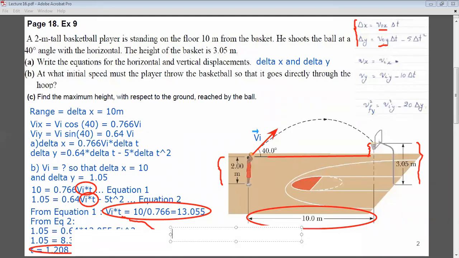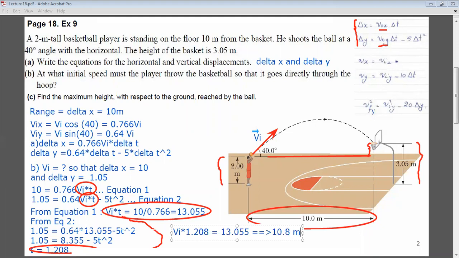So the initial v times t, which is 1.208, is equal to 13.055. You just divide 13.055 by 1.208, and you will get the answer to be 10.8 meter per second.